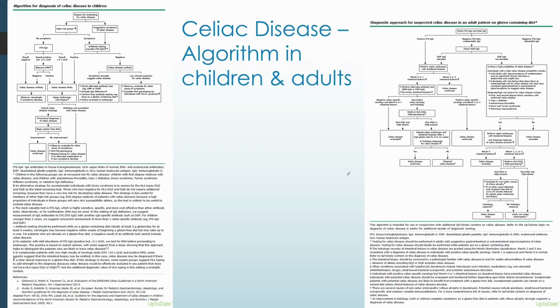I think this is a little bit too deep for our purposes. If you're familiar with the different serologic markers, recognize it in history and physical exam, you order the serologies and then you confirm with the endoscopy. That's essentially what we do.